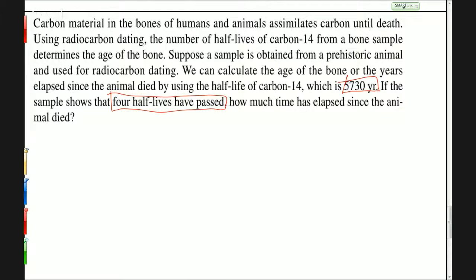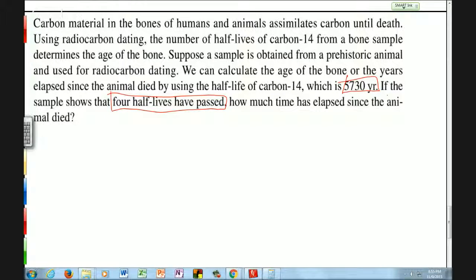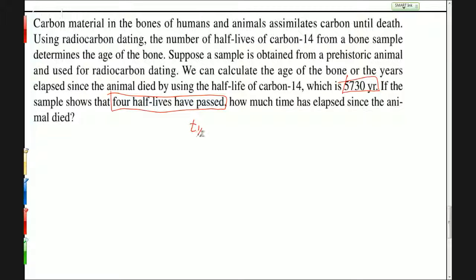Well, we can calculate that. Each half-life is 5,730 years. So 4 half-lives is going to be 4 times that. So we can say that animal died about that long ago.